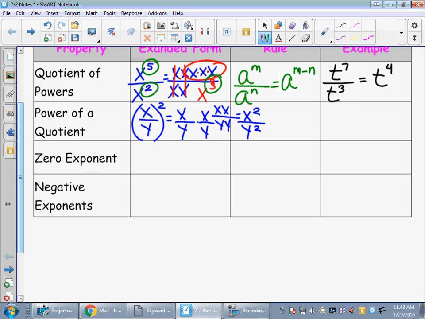Now, to save myself all that work of expansion, the rule is you just apply the power to the numerator and the power to the denominator.